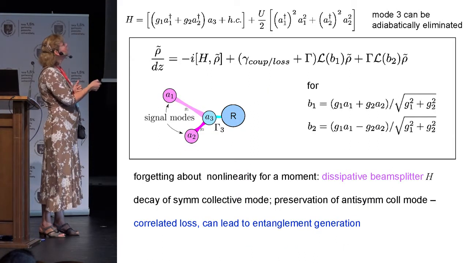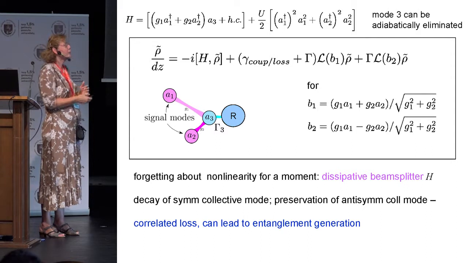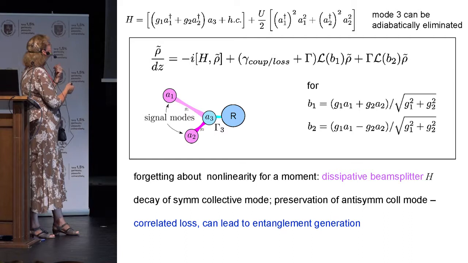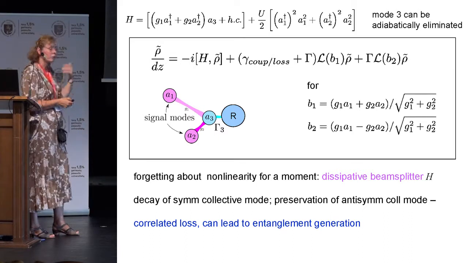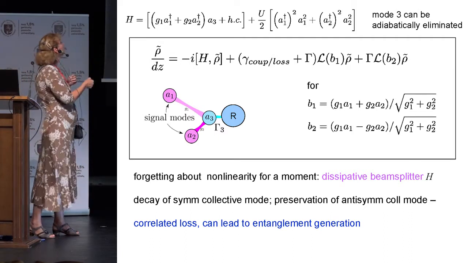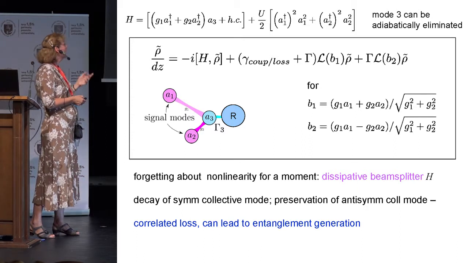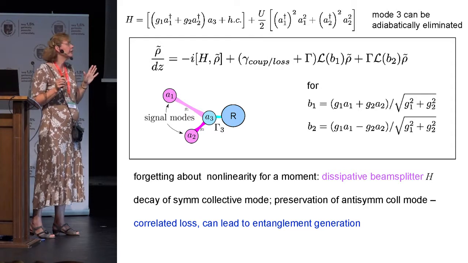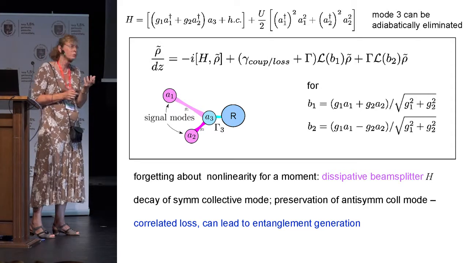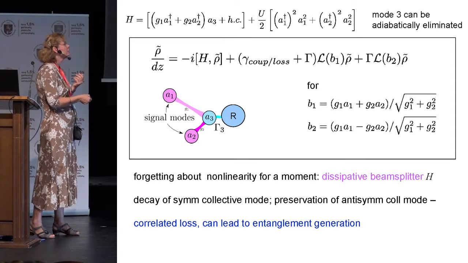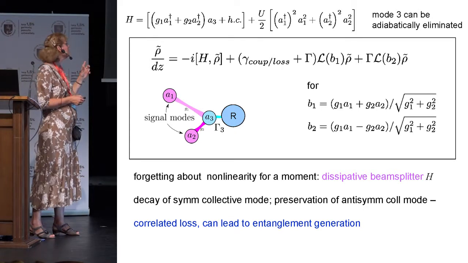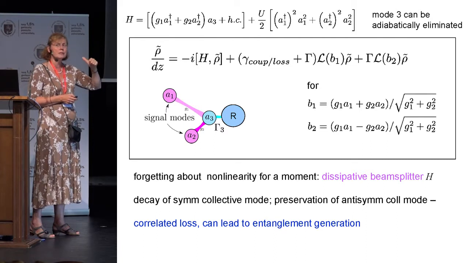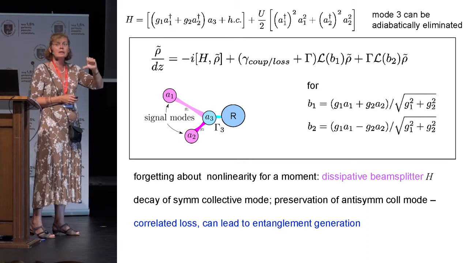So my Hamiltonian looks like this, because mode 3 can be adiabatically eliminated, again, like in the first part of my talk. And this is in my Lindblad equation, where I now replaced explicitly the time evolution by the Z evolution. And if I forget for the moment even about nonlinearity, it's very easy to understand what's going on, because then I have just a dissipative beam splitter Hamiltonian, which means I have two collective modes, symmetric and antisymmetric, one of which is preserved and the other eliminated.